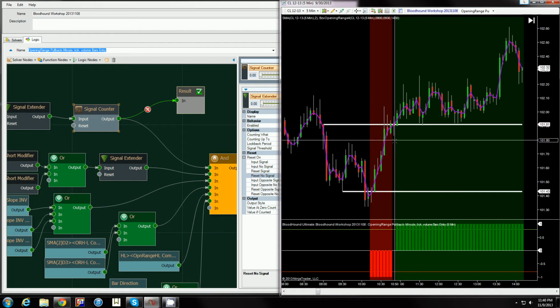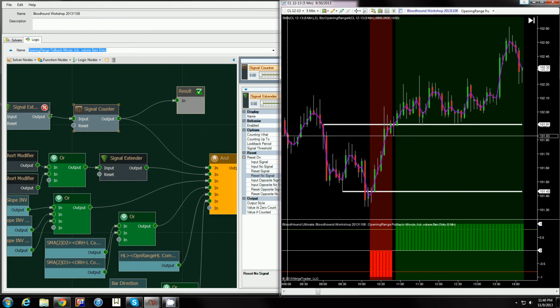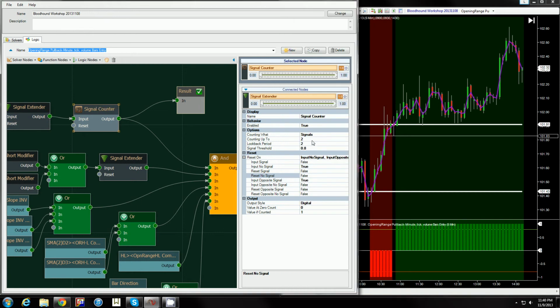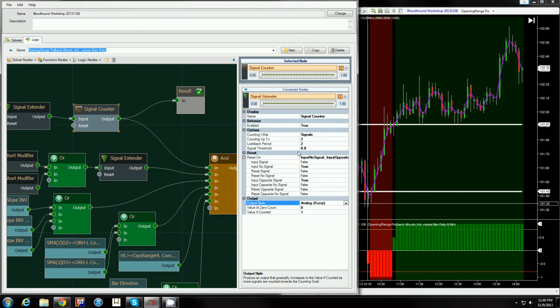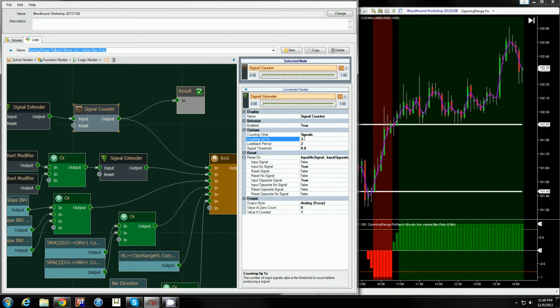This bar, it broke out, but it's counting that second signal. So from the second signal, it's staying. Let me cut this back to analog so you can see that first signal. It's eliminating that first signal because it's counting up to the second. If I were to set this to 3, well, there is no third signal, is there?